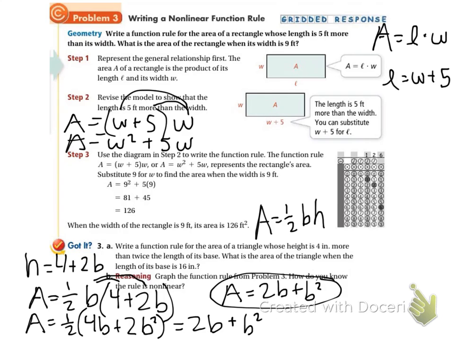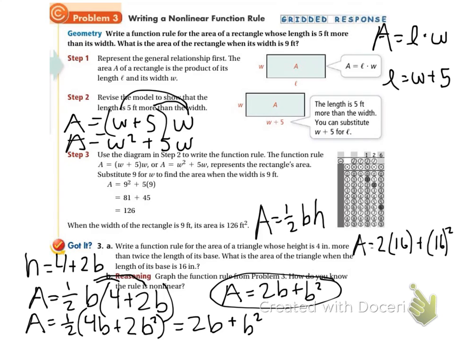And then they want to know, what is the area of the triangle when the length of its base, so b, is 16? So A equals 2 times 16 plus 16 squared.